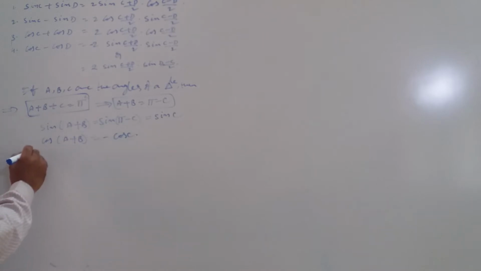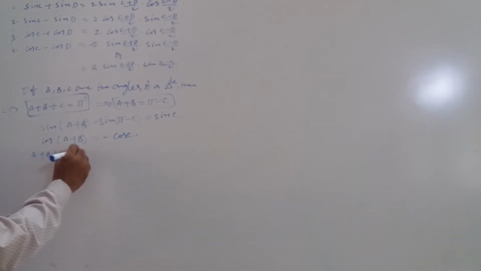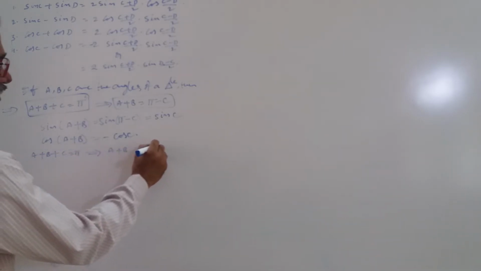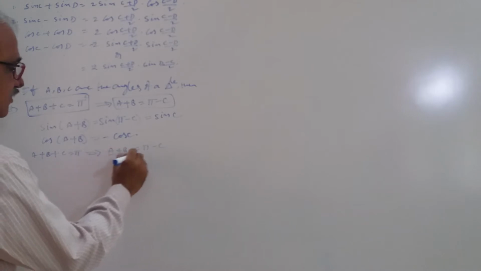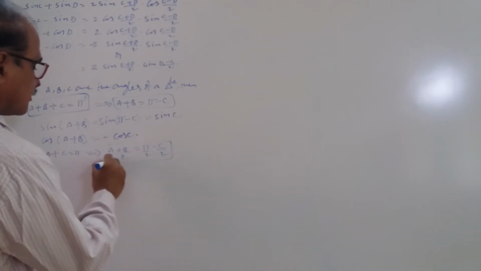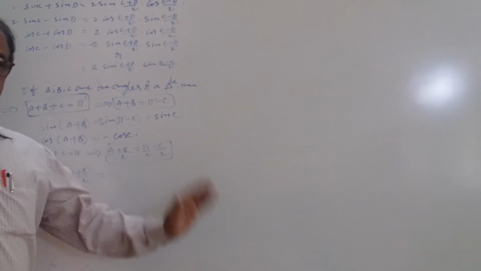And here, if A plus B plus C is equal to pi, that implies A plus B is equal to pi minus C. Dividing by 2, it is (A plus B)/2 equal to pi by 2 minus C by 2. Now what will happen about these two angles? Taking sin on both sides, sin (A plus B)/2 is equal to sin (pi by 2 minus C by 2).